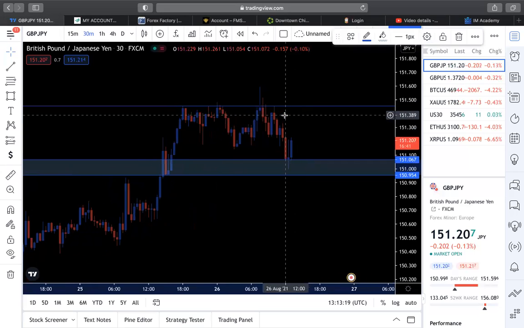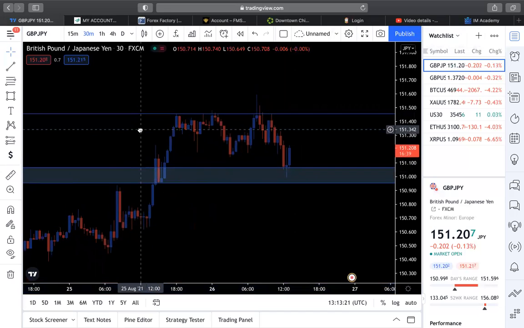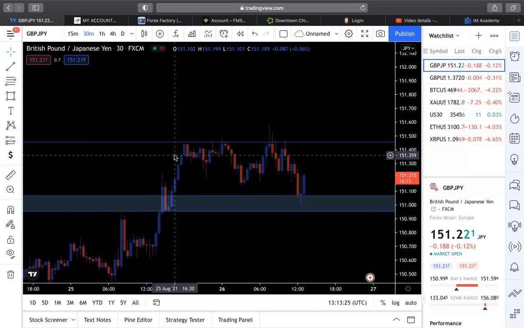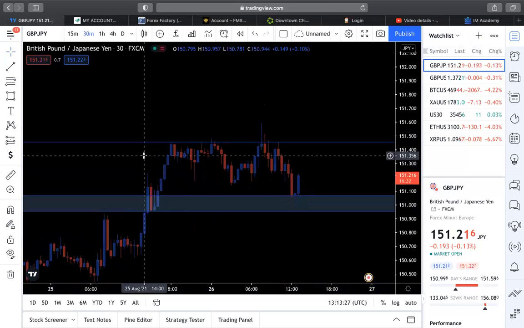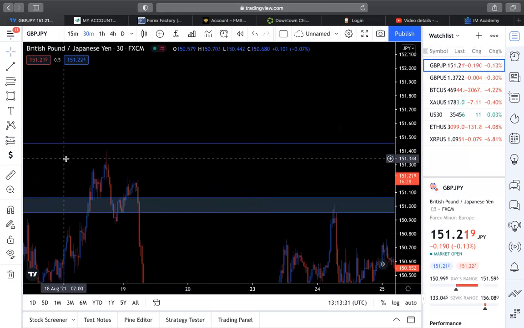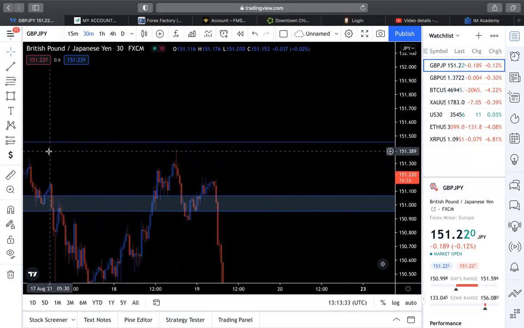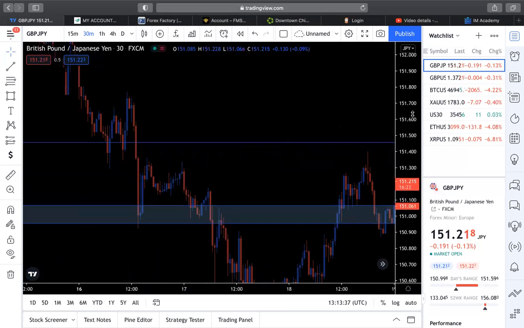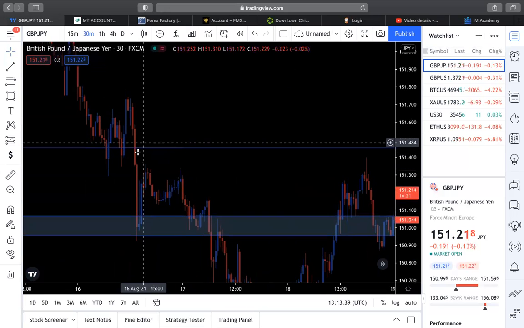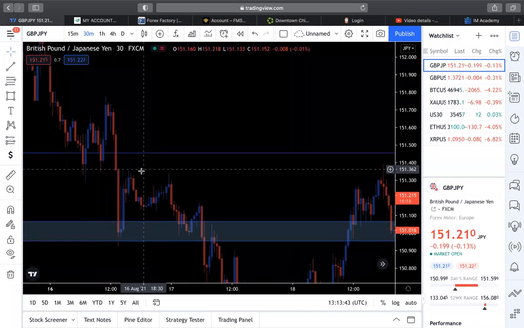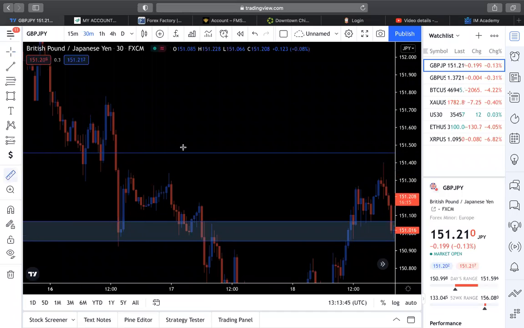Basically what I do is look towards the left-hand side to see if there's any clear candles, clear traffic. And yeah, there's clear candlesticks right here, guys. So I do like this trade above this resistance right here.